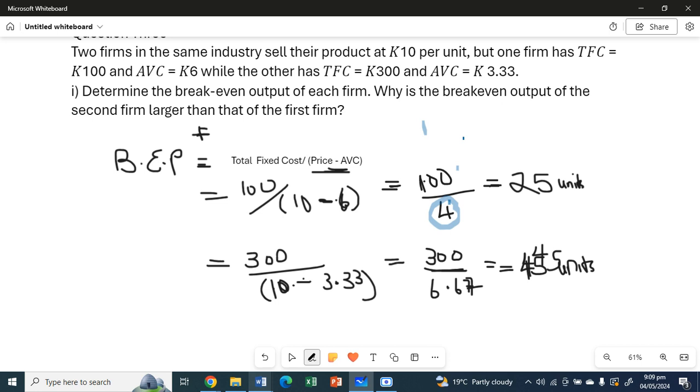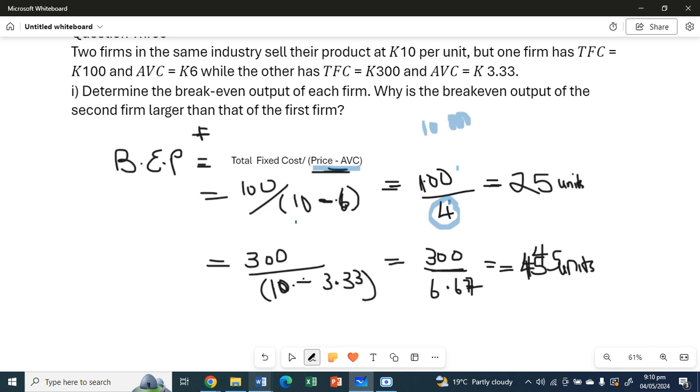Have you noticed something? When we hold price minus average variable cost constant, the more we increase the fixed cost, the break-even point also goes up. So fixed cost and break-even point have a positive relationship, meaning if you have a high fixed cost, to break even you need to sell more.